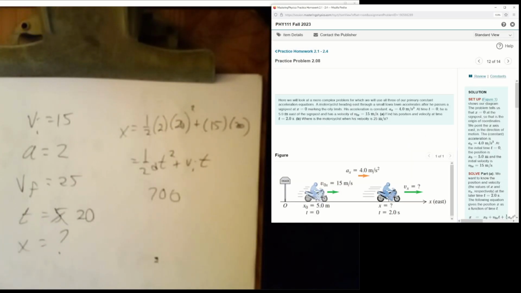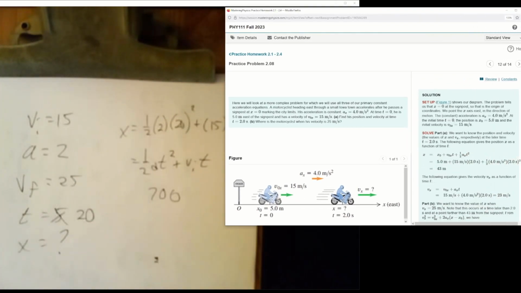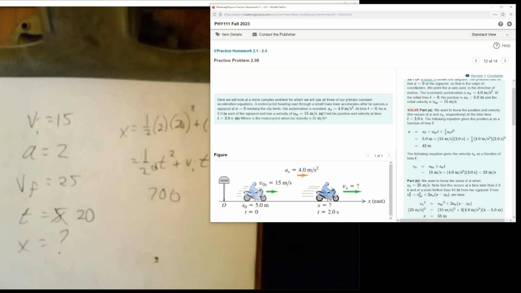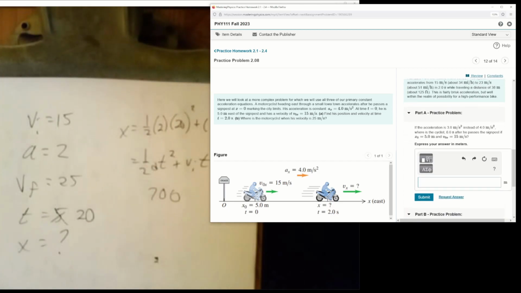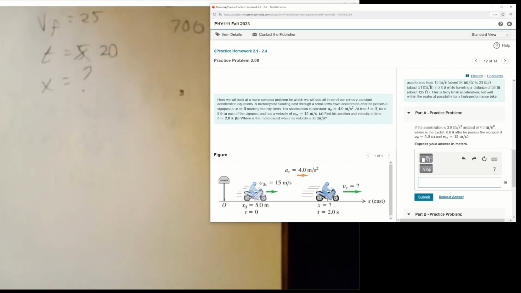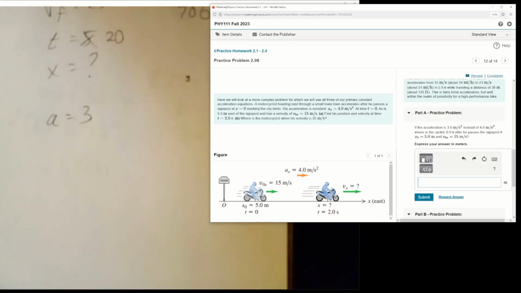So here's another one. It's got the same issue with this explanation. But let's just see what we got. So if the acceleration is 3, where is it? 6 seconds.